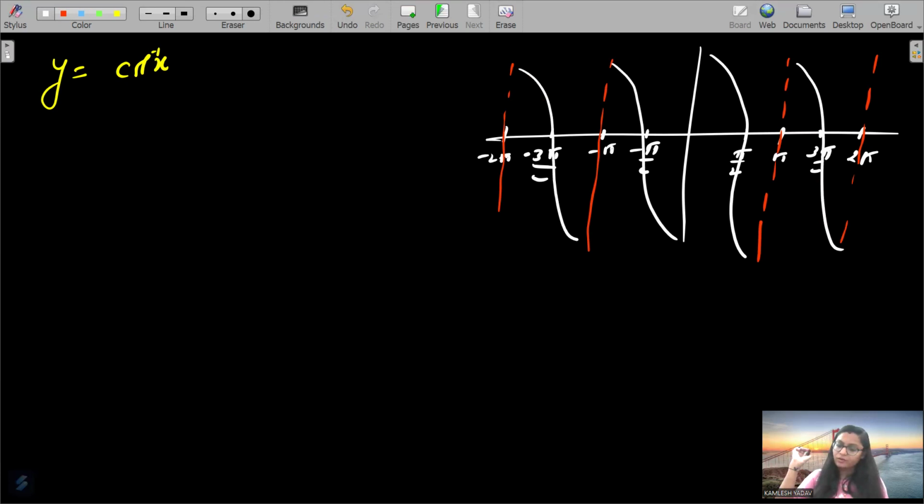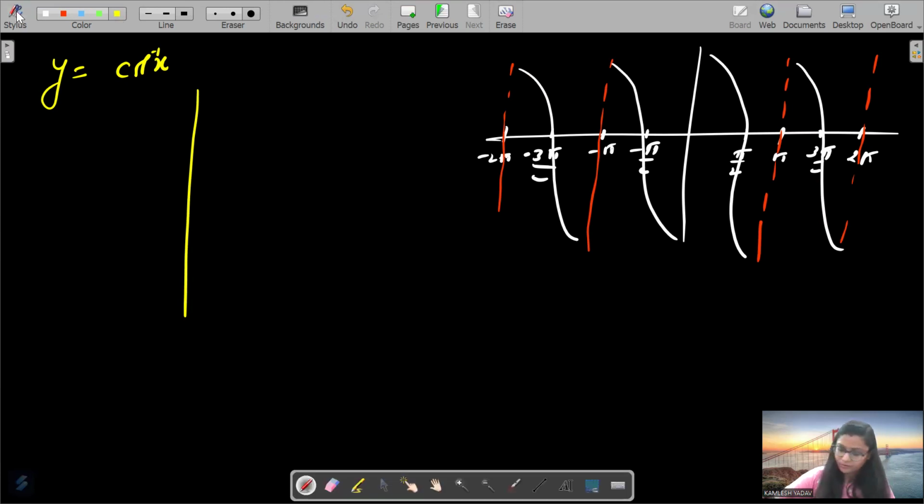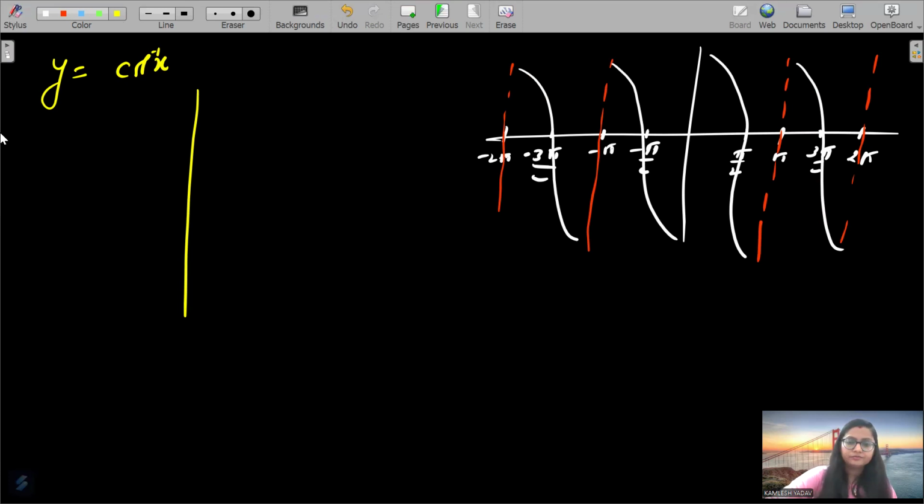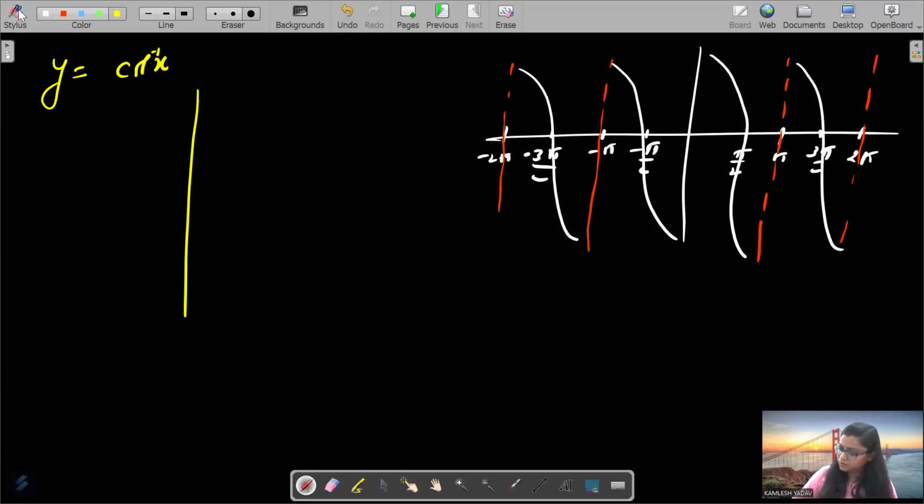Now we draw the graph of cot inverse x. So we draw the mirror image of this graph. Okay.